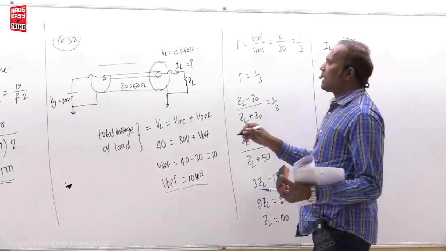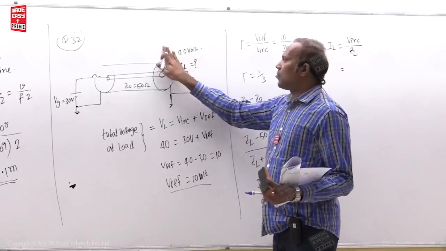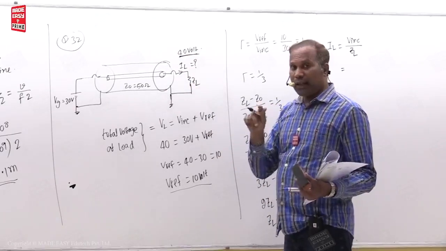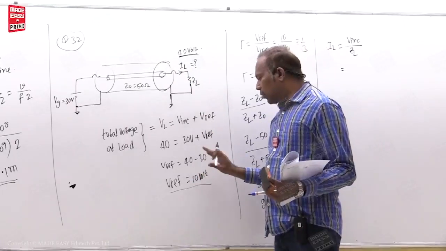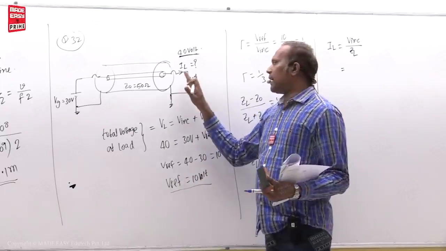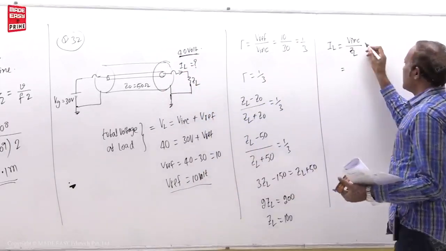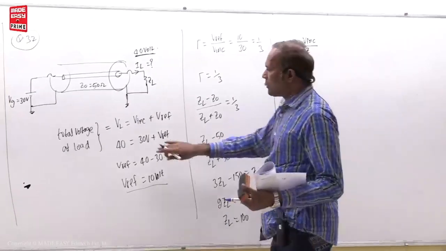Actually no, I should not write this VL, student. This is total voltage at load, 40. That has incident voltage and reflected voltage. Out of that, only the incident voltage enters into the load. Reflected voltage, without entering, will come back. So V incident divided by ZL.